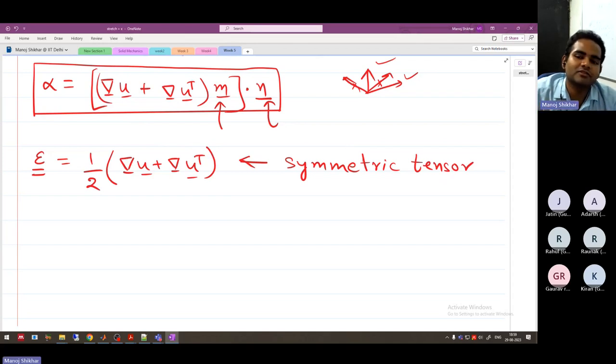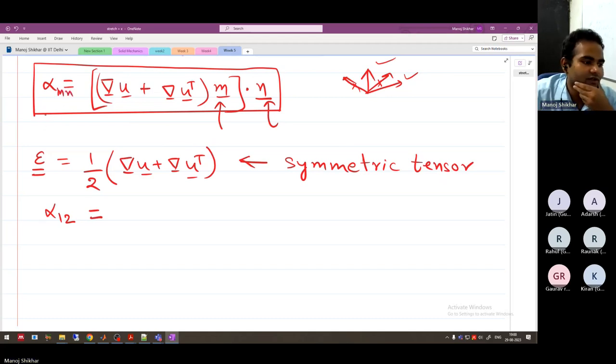Since this tensor is symmetric, the matrix form will also be symmetric. That is a corollary. Now, suppose I want to find alpha, so this is alpha mn.